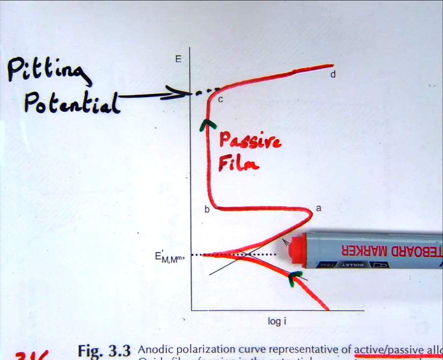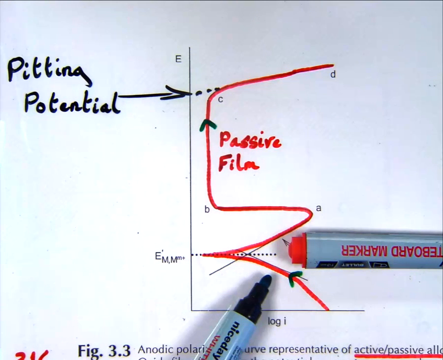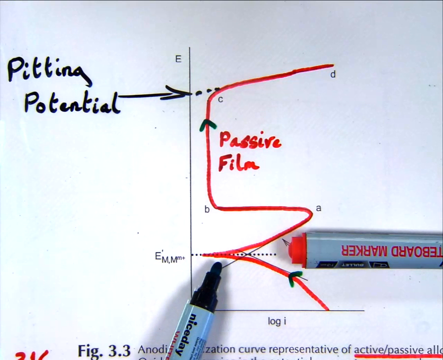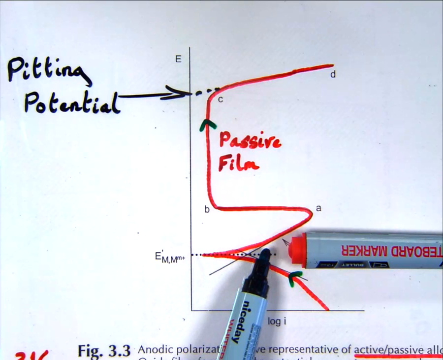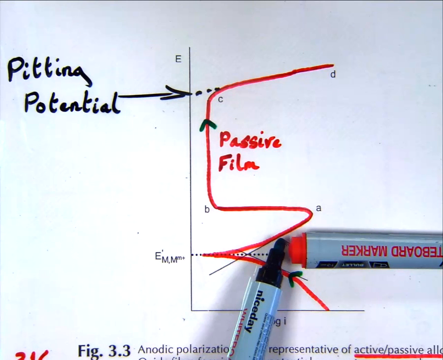And eventually the potential gets high enough to electrically break down the passive film, and you start to get pits forming on the material, and the pits start growing, so the current starts increasing again, and the potential at which that happens is called the pitting potential for the stainless.